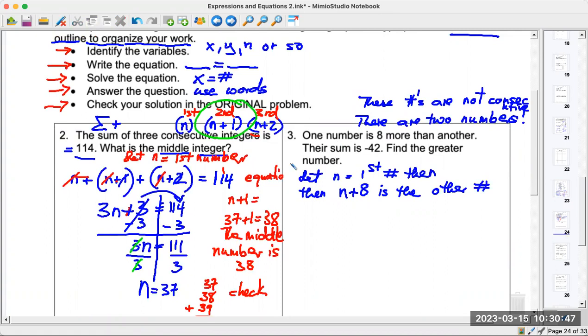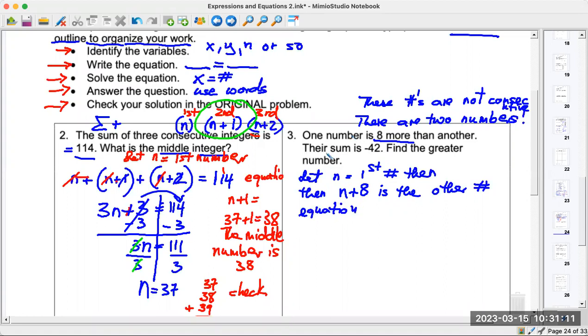Notice how organized that is, to write down what the letters mean, right? The first number is your n. I always start out with that. And then I build my second number around that first number using the clues that they're giving me. One number is 8 more than the first one. So now I'm going to write my equation.